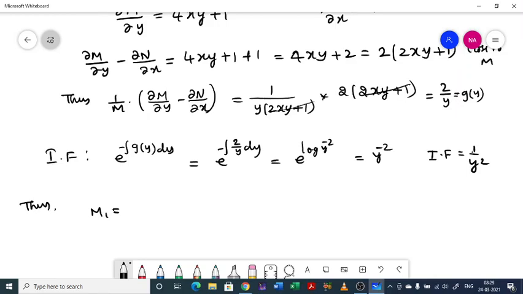So m1 will be, after multiplying terms, you will be getting 2x plus 1 by y, and n1 you will be getting minus x by y square.